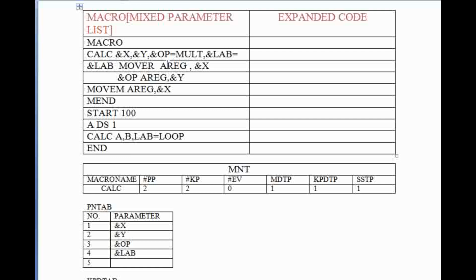So parameters can appear in the label part of your model statement, and also they can appear in the opcode field. If you look at the second line here, &OP within the body of the macro, you see that &OP is in the opcode part of your model statement. So a parameter can appear in the opcode part, it can appear in the label part, and also it can appear in our operand specification part.